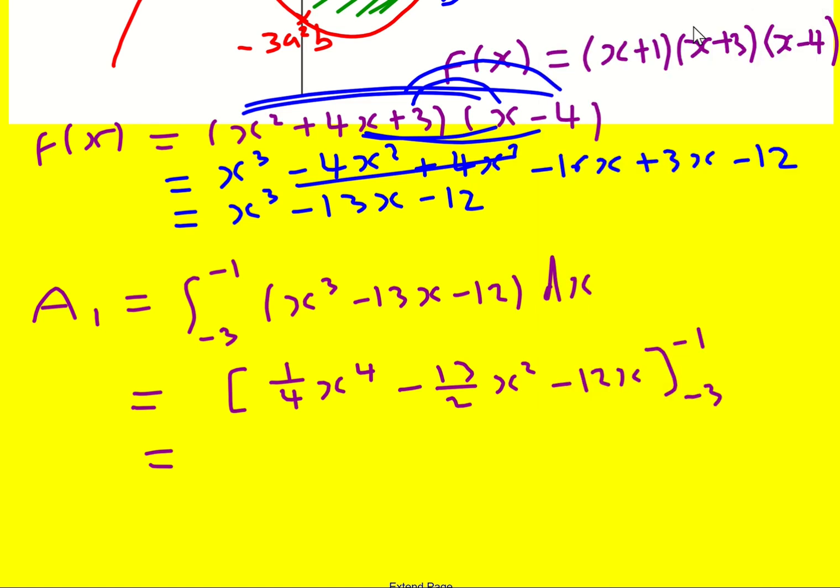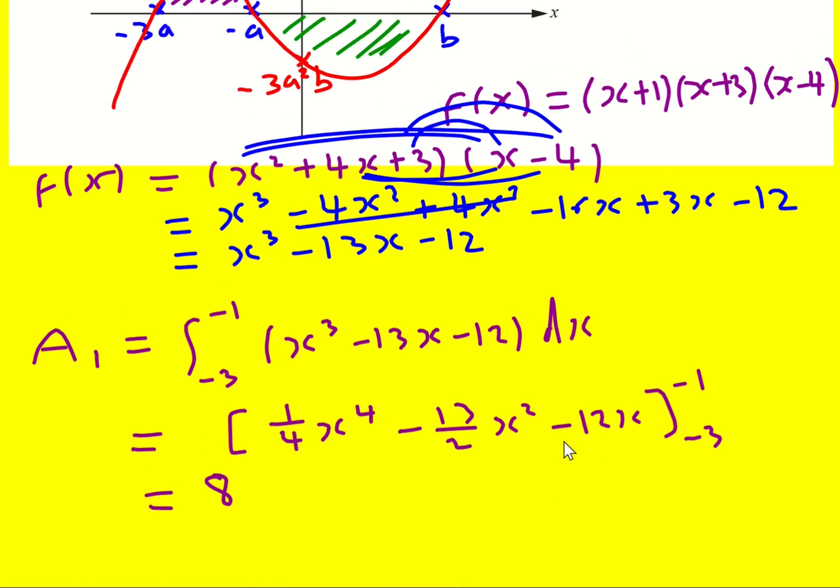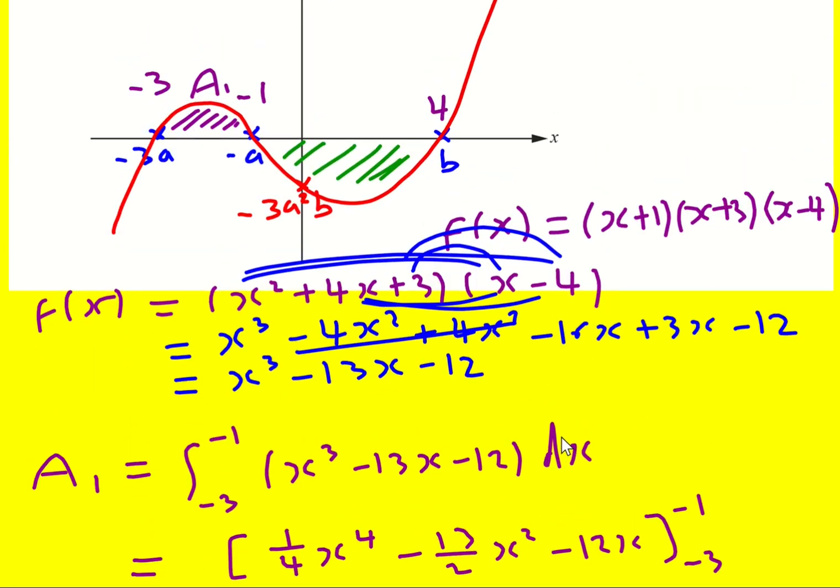Okay, and we get 8 as our answer. And if you have time, if you're doing this in an exam setting, go back and check that by hand as well. But it's going to be pretty reliable. All right, that's area 1.